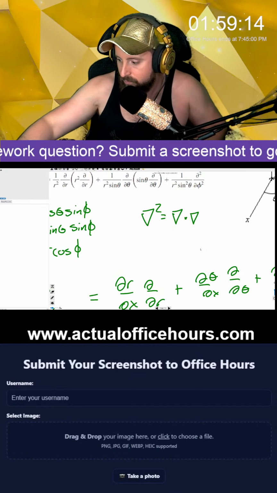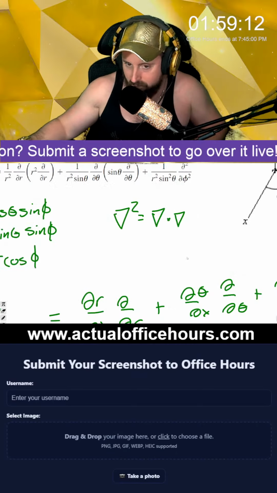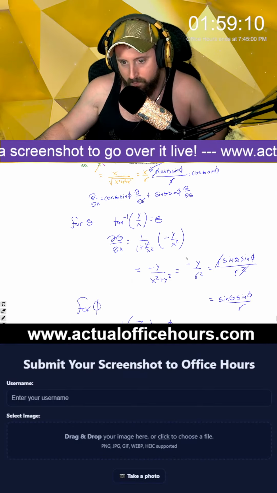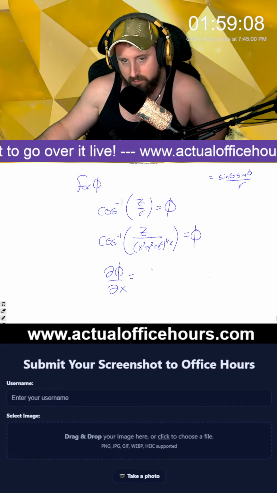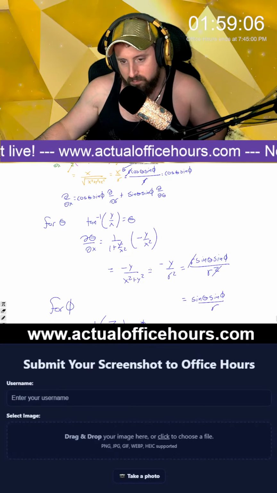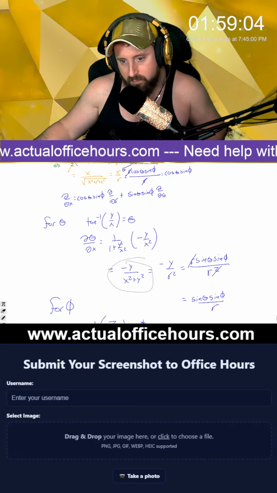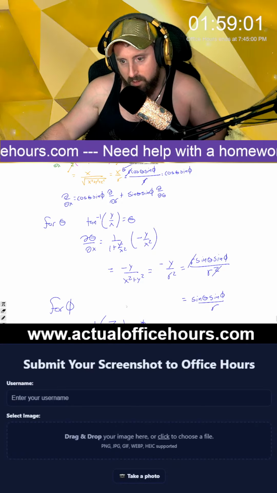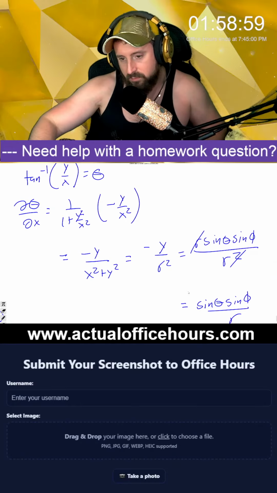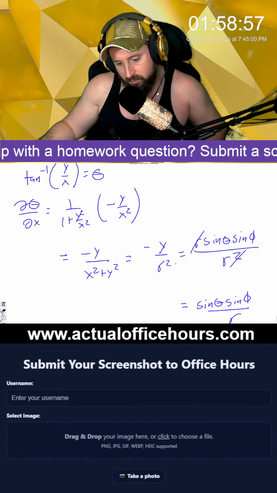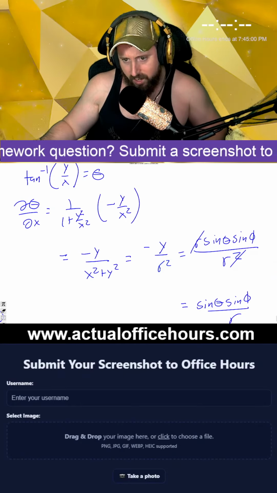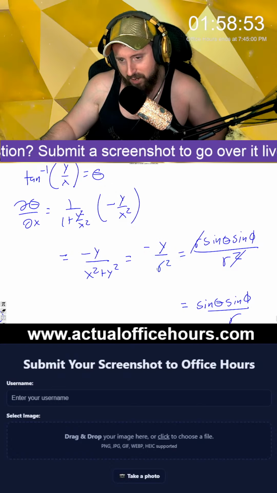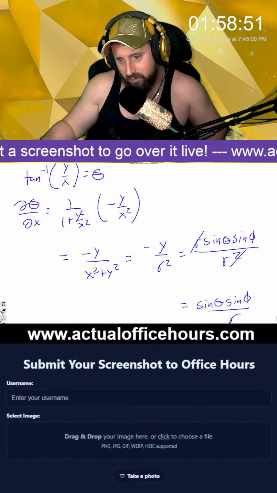The other one that you wrote down, I think, is just a nightmare, honestly, the theta one. But the other one, you have x squared plus y squared, so it's not quite r squared. Oh, it's r squared minus z squared. Sorry, I was getting my polar coordinates messed up.